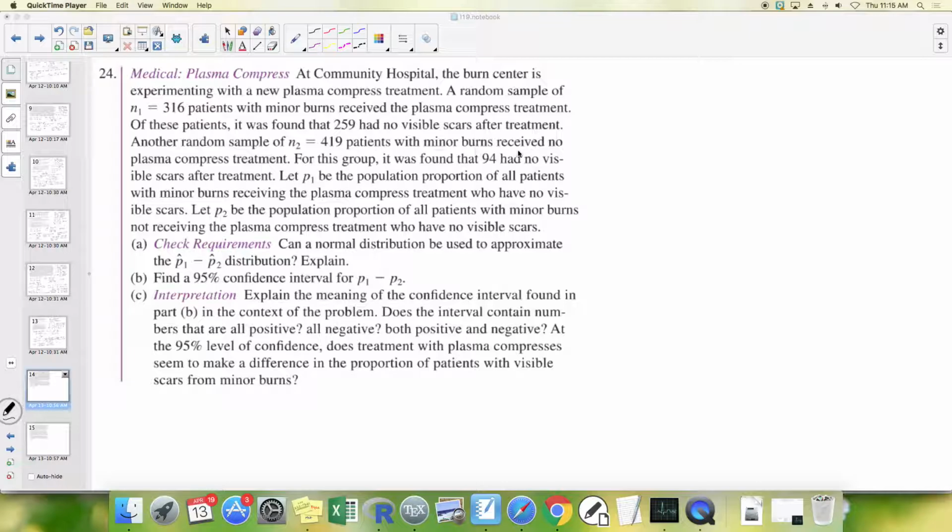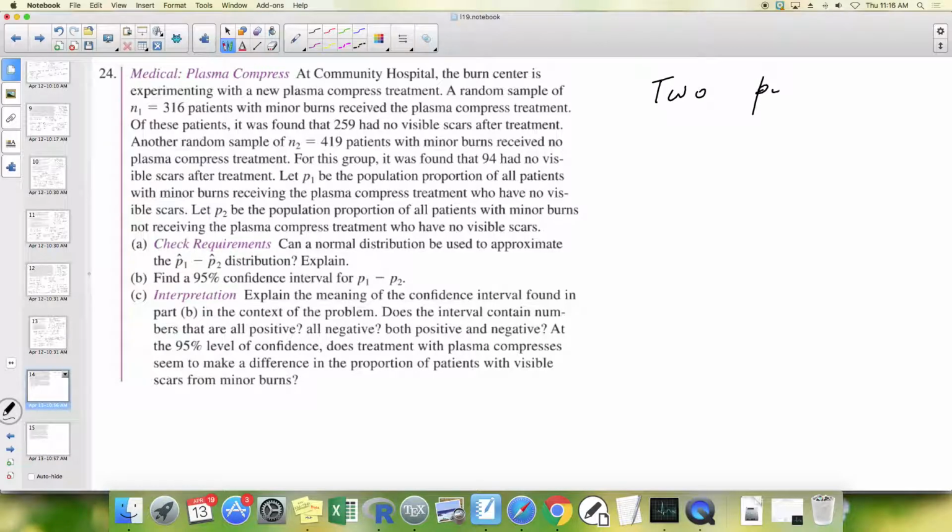In group 2, who did not receive plasma treatment, 94 had no scars. So it's a two population problem, and it's a proportion problem, obviously.